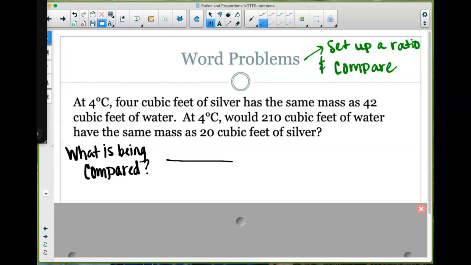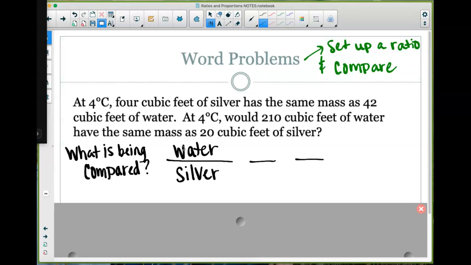What am I comparing in words? Okay, and some people are writing cubic feet, but we're actually comparing water and silver. Water and silver. And it doesn't matter what order I put them in. I could put silver over water or water over silver as long as I'm consistent. Okay? So at that point, I'm going to set up some ratios with numbers.